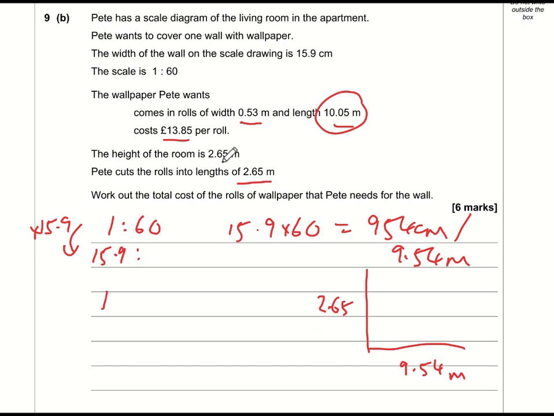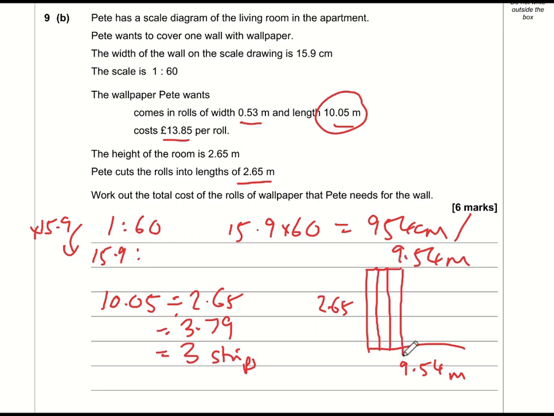So how many 2.65s go into 10.05? 10.05 divided by 2.65 is 3.79, so that is just 3 strips with quite a lot of wastage. So in a roll he's going to get 1, 2, 3 strips.